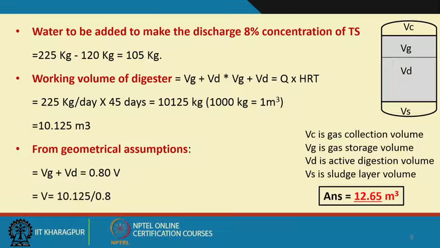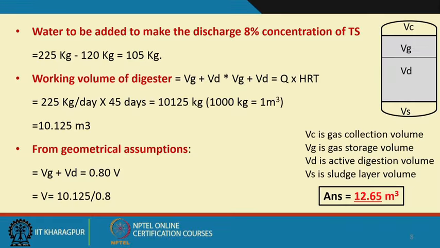In the diagram you can see the different portions of the digester, where Vc is the gas collection volume. After the digestion process, once gas has been generated, it will be collected in the Vc. Then Vg is the gas storage volume, Vd is the active digestion volume, and Vs is the sludge layer volume.